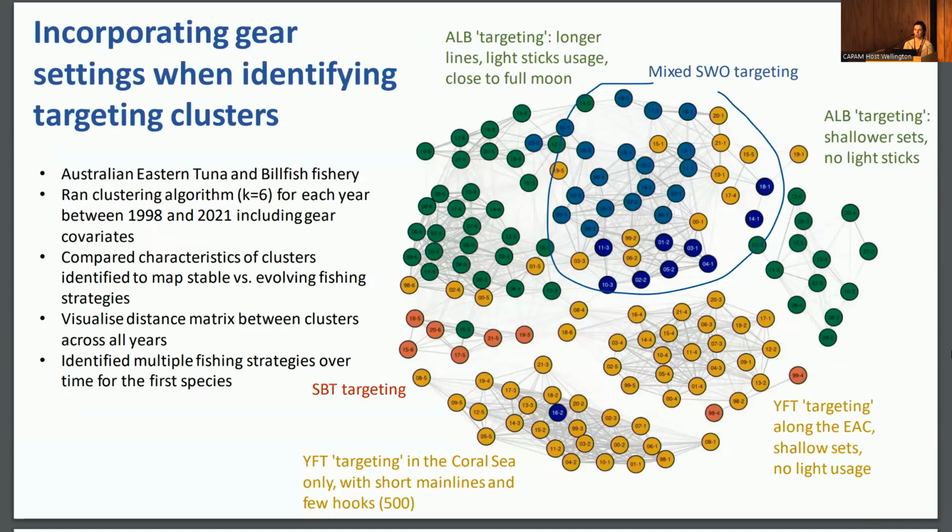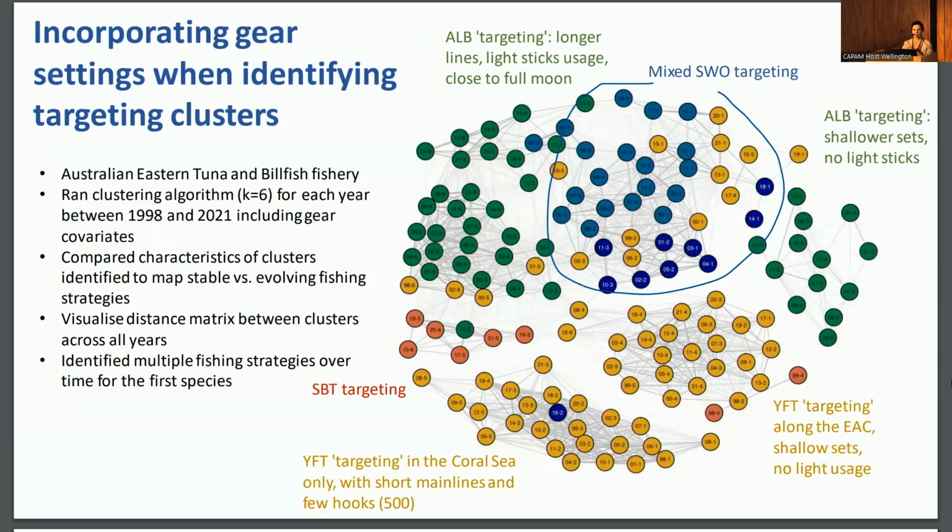So one example here, I'll walk you through this one, is from the Eastern Tuna and Billfish Fishery in Australia. So we know from talking to the fishery stakeholders there that the fishing strategies have changed a lot through time. And we also were aware that they had a few different ways of catching different types of the target species.